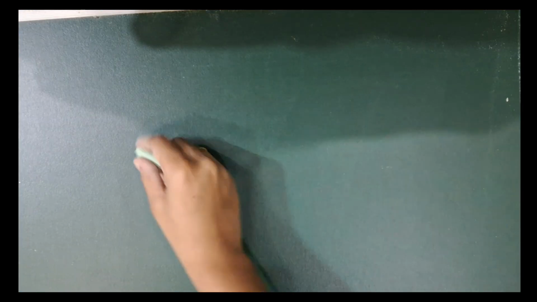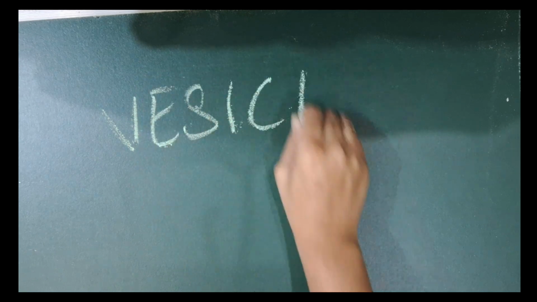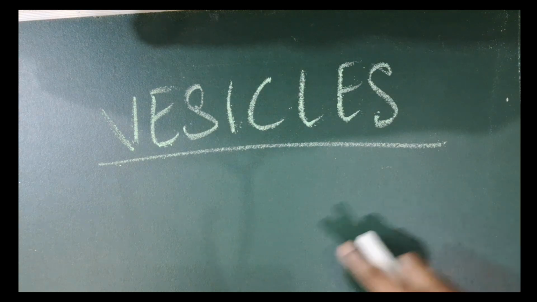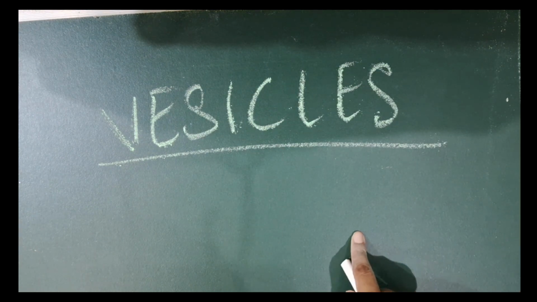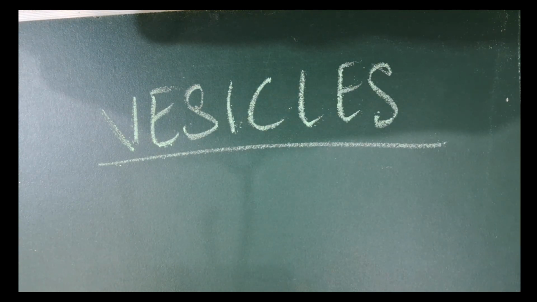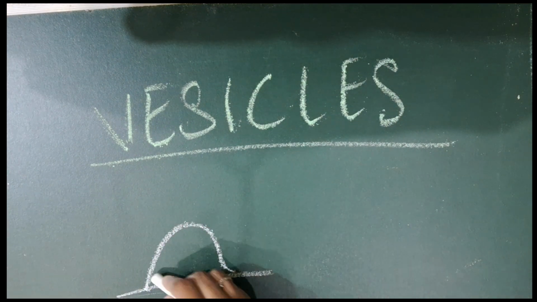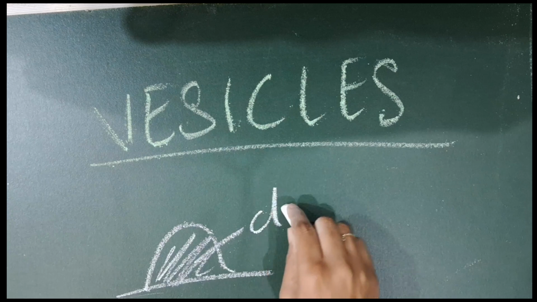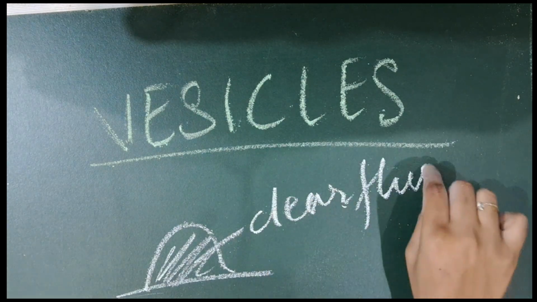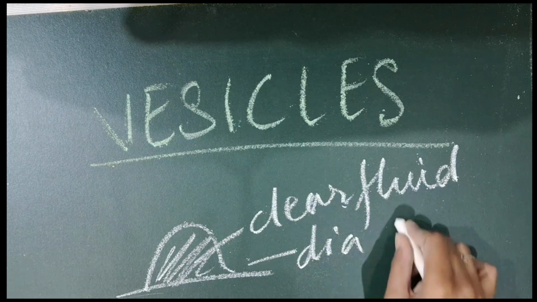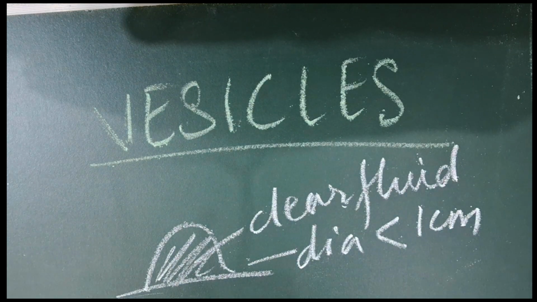Next is vesicles. Vesicles are elevated blisters containing clear fluid that are under 1 centimeter in diameter. Here we have to keep in mind that the blisters are filled with clear fluid, and the diameter is less than 1 centimeter.